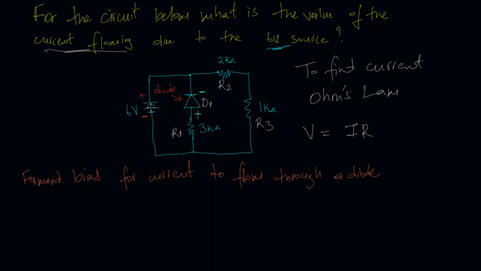So in this case, we're seeing that the positive side of our 6-volt source is connected to the negative side of the diode. So in that case, the diode is connected in a reverse bias. So right now it's connected in a reverse bias.